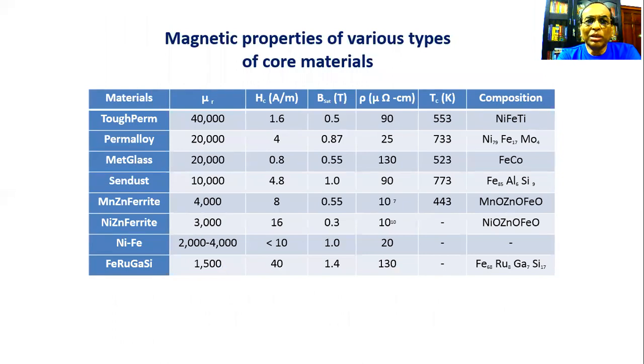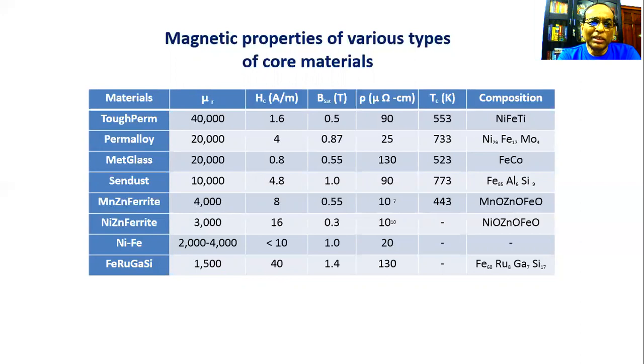Here is a table showing the magnetic properties of various types of core materials. Several parameters are shown here. Mu, the relative permeability, is so high. On the right-hand side is the composition. Then the critical temperature is also given here.